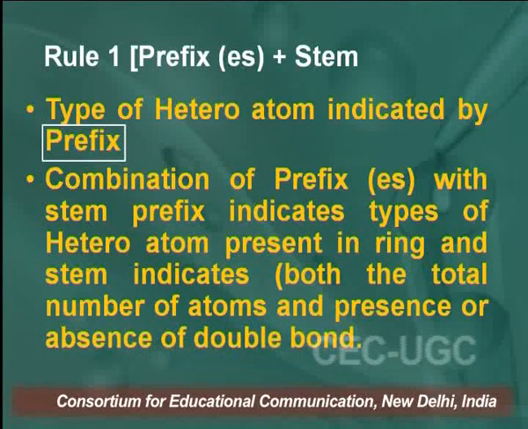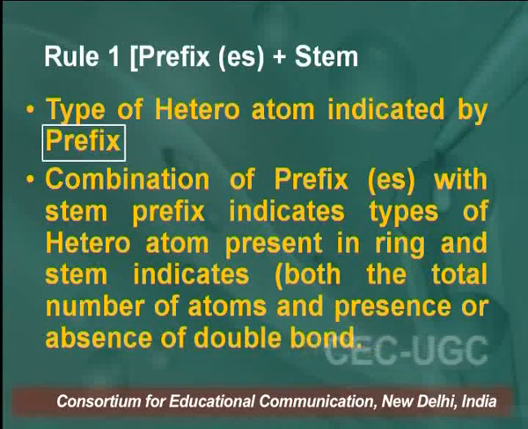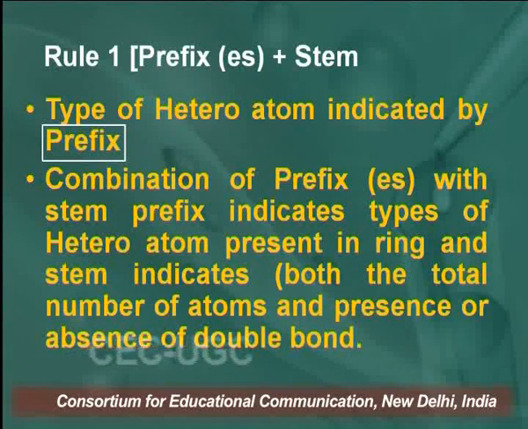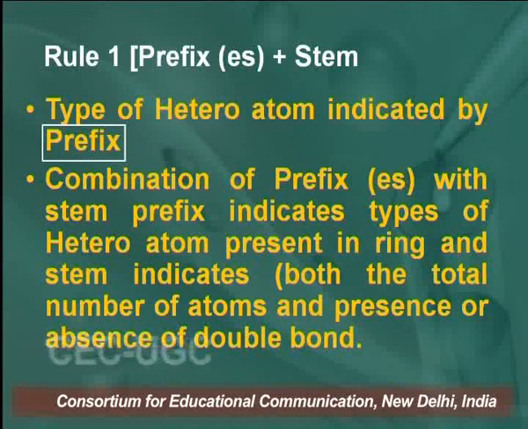So, it depends upon the heteroatom which is present in the ring. We indicate it by its prefix. The combination of prefix or prefixes with stem indicates the type of heteroatom present in the ring, and learners remember, the stem indicates both the total number of atoms and the presence or absence of double bond. I am repeating here again, the stem indicates both the total number of atoms and the presence or absence of double bond.